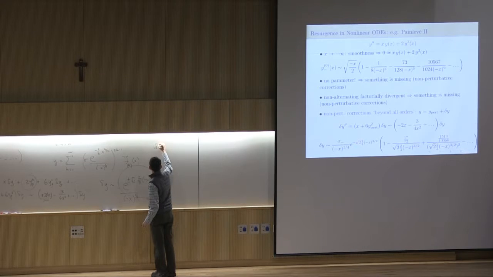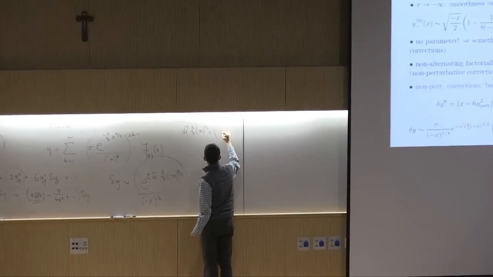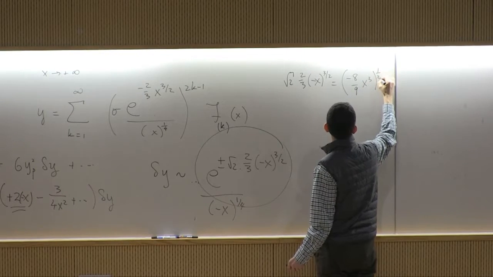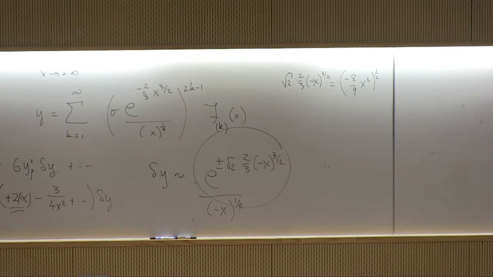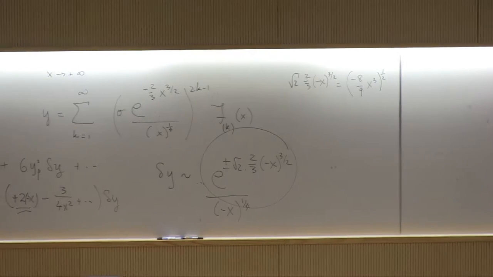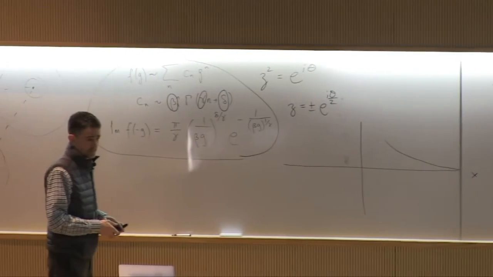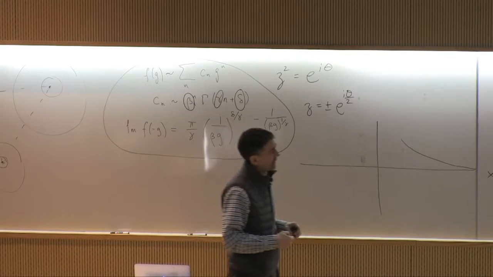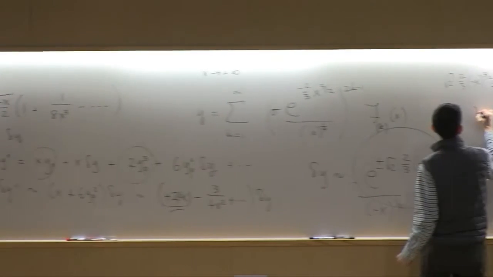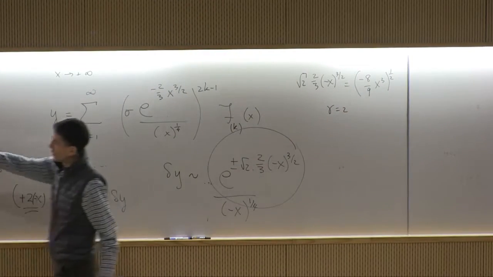So root 2, 2/3 minus x to the 3/2 is minus 8 over 9 x cubed to the 1/2. I think, yes. Okay? Now remember, here x is a large parameter, so x is like 1 over g. So that tells me immediately that gamma is a half. 2, sorry. Gamma is 2. 1 over gamma must be a half.